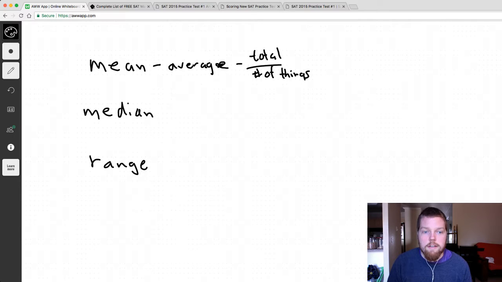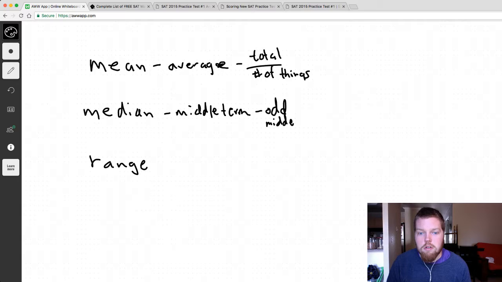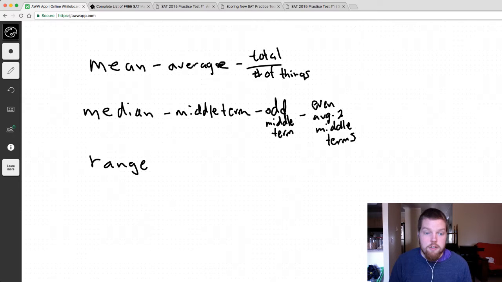The median is the middle term. If it's odd, it's the middle term, and if it's even, we're going to average the two middle terms. And the range is the max minus the min. Okay.